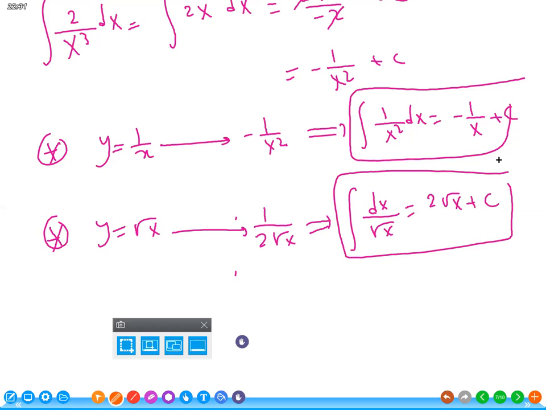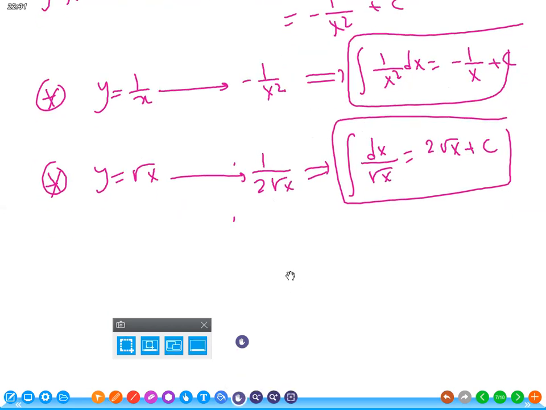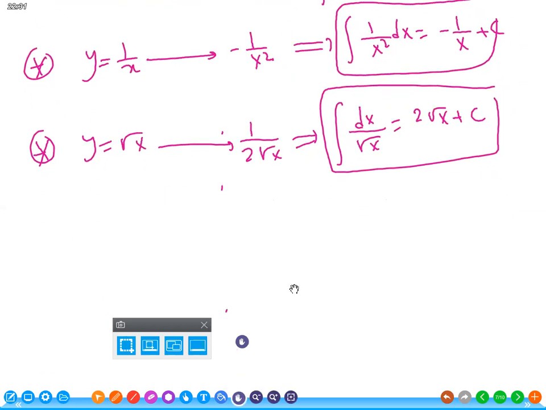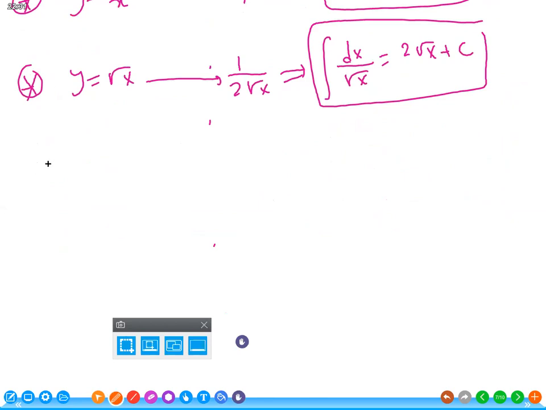And if you don't want to use the special rules, you need to rewrite as a power. So when we have 2 over radical x plus 2 over x, here you must rewrite.